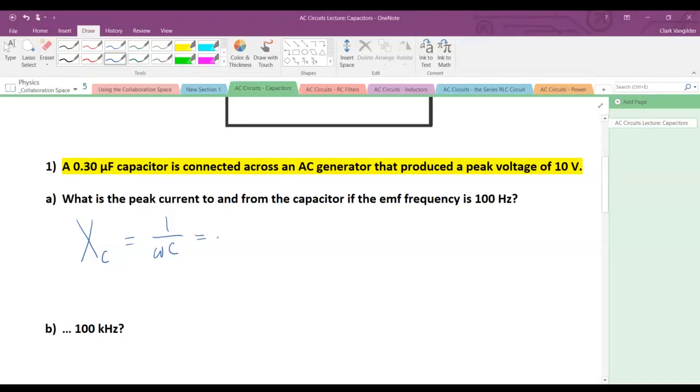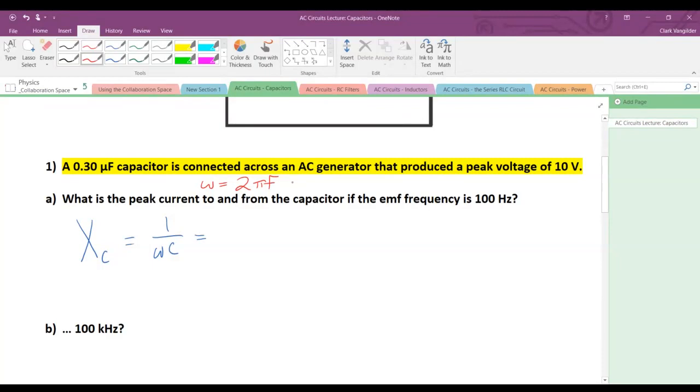Okay, and so now we would need to know that omega, just regular old 2 pi f, that never changes. That's just math land.